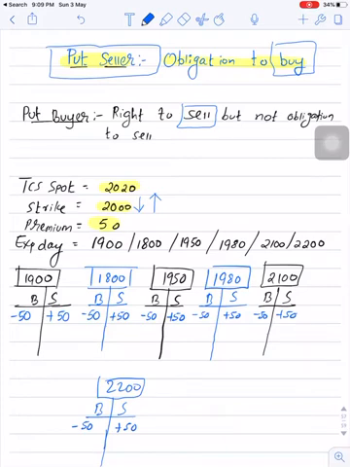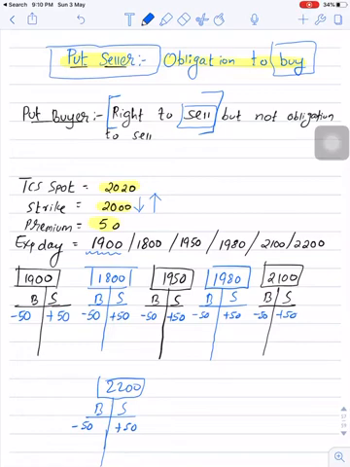What if the price closed at 1900 on expiry day? So here you can see the view of the put buyer is correct. He predicted the price will close below 2000 and it is below 2000. So as per the definition, a put buyer has the right to sell TCS shares at 2000.